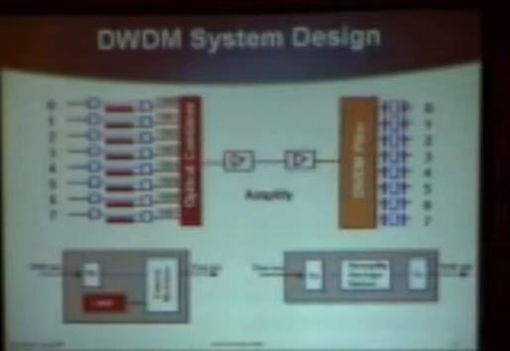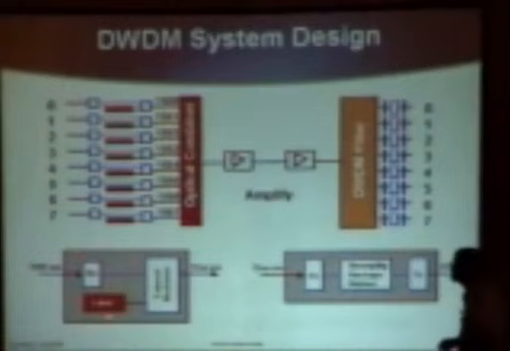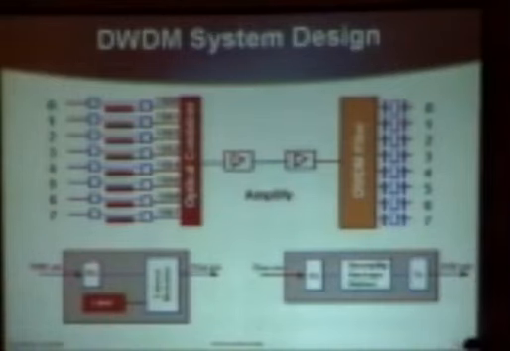So if we look then at what goes on inside the transmitter and receivers, what we have here in this architecture is an OEO conversion going on. Usually the signal that's sent to a WDM system is a short reach 1310 Sonnet signal today.